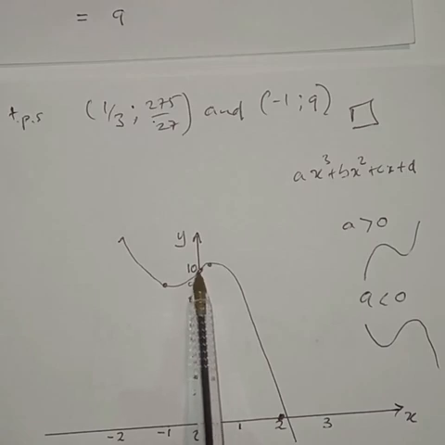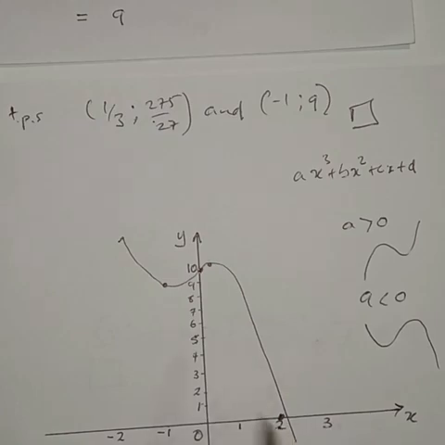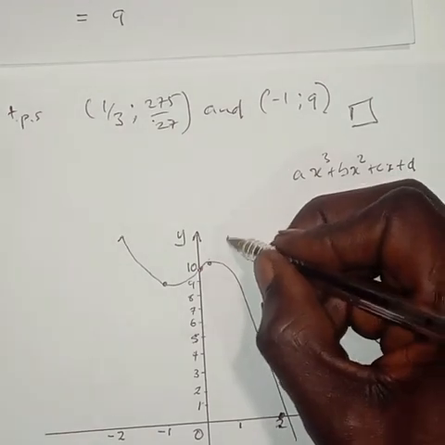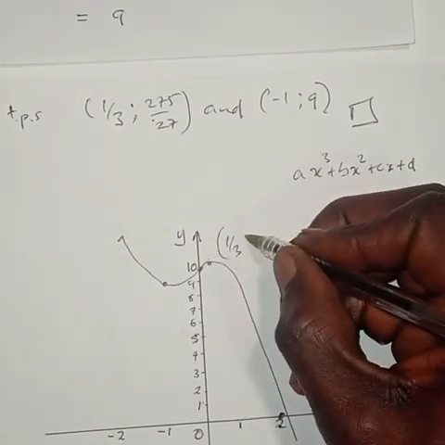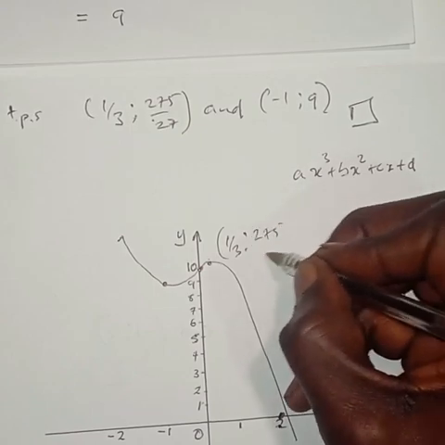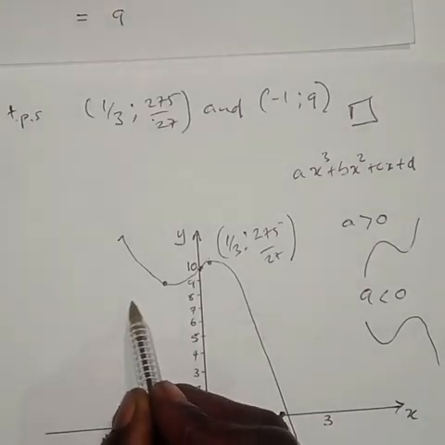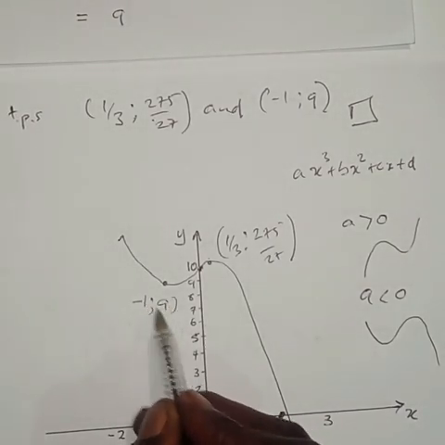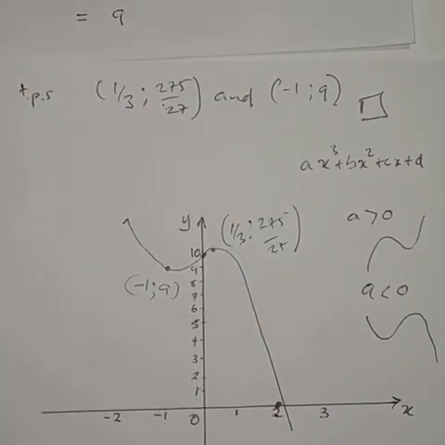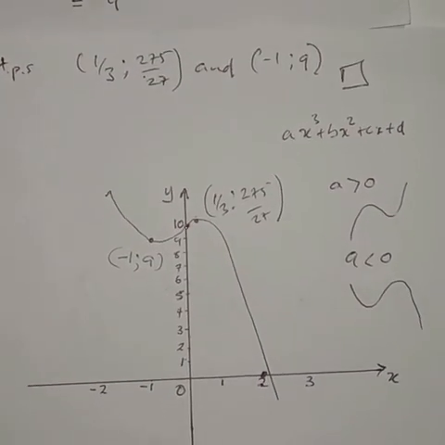I've indicated the y-intercept. I've indicated the x-intercept. Now I also need to indicate the turning points. So I have 1 over 3, 275 over 27 here. And then I have minus 1 and 9. That's the graph of a cubic function.